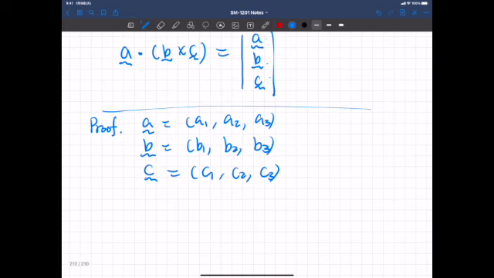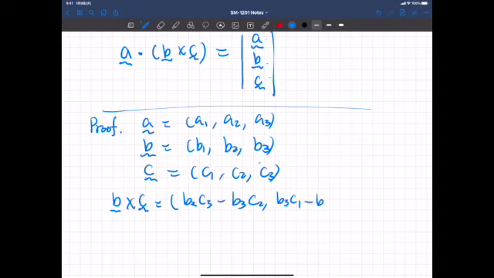By the definition of cross product, B cross C is B2 C3 minus B3 C2, B3 C1 minus B1 C3, and B1 C2 minus B2 C1.